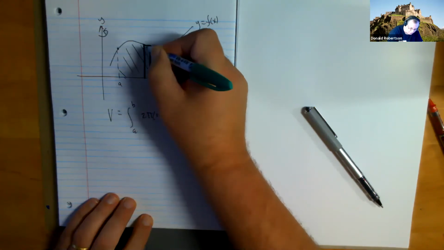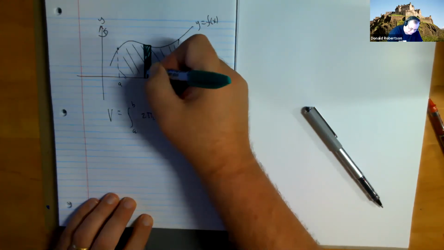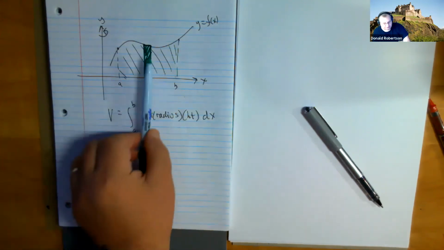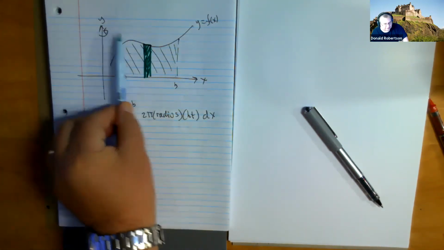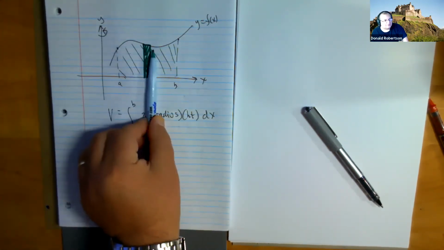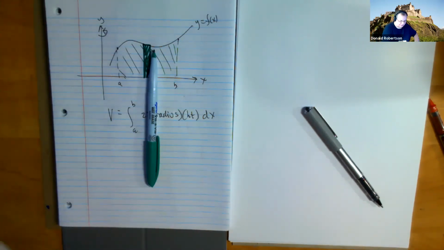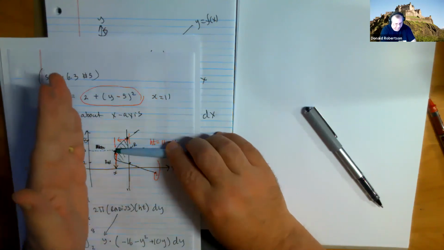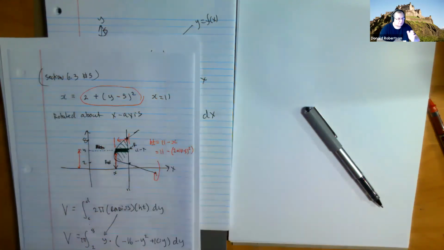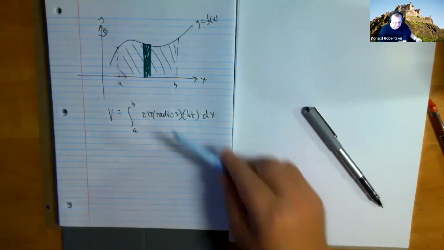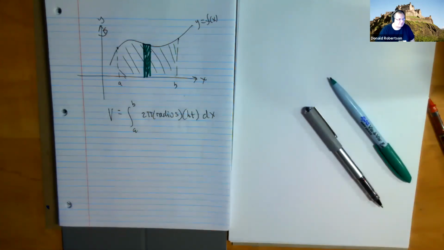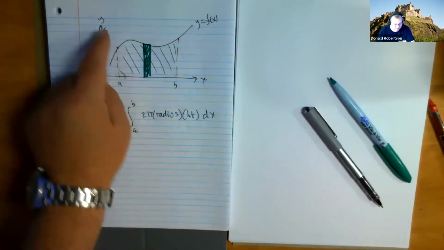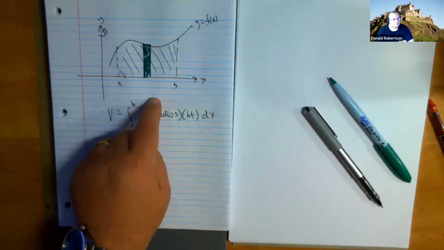Well, you build a rectangle. Here's the first difference. Do you notice that the rectangle is parallel to the axis of rotation? When we did the disk method, do you notice that the rectangle was at right angles? Right, it was perpendicular to it. So even the way you draw your rectangles are different in the shell method. Y-axis, vertical.